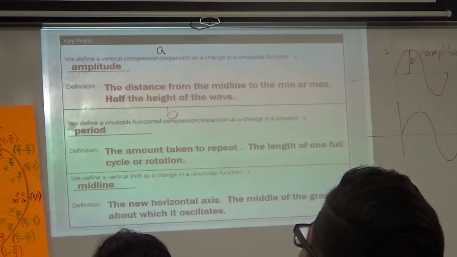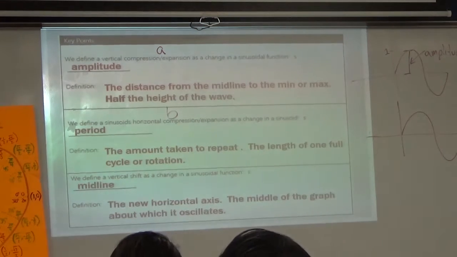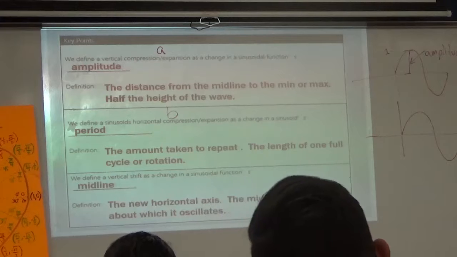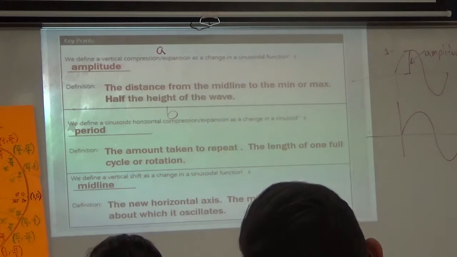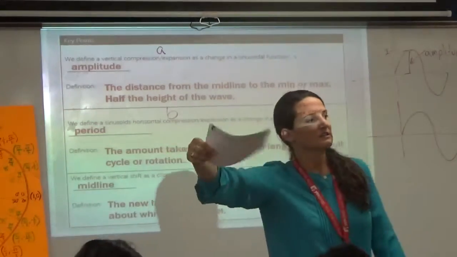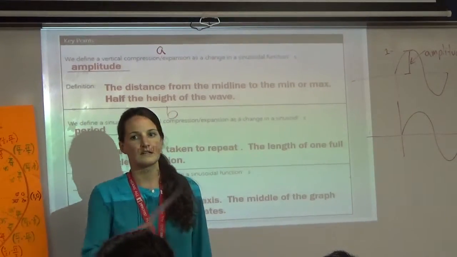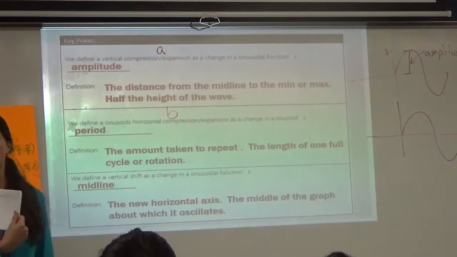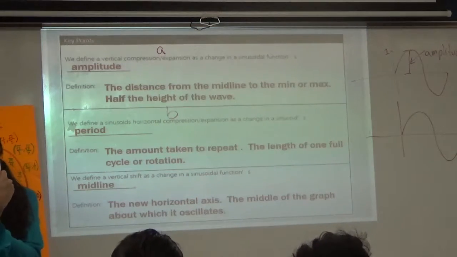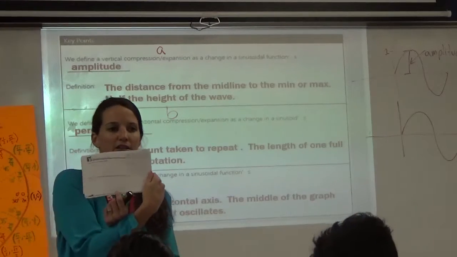Okay? Once you have this stuff jotted down, you can go ahead and put your notes away and silently and independently, like I said, we're going to start doing this. I want you to grab one of these exit tickets from your table. Silently and independently, I want you to show me what you know in the last 7 minutes. Drawing sine and cosine. Talking about what type of transformation is happening at the bottom.